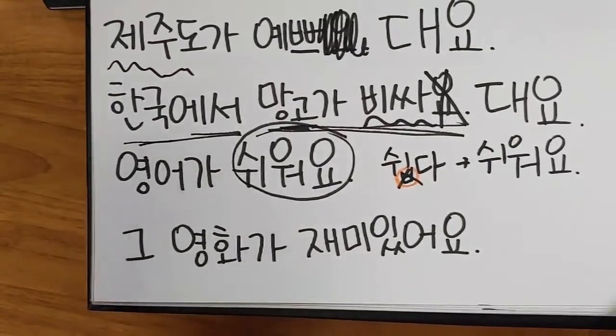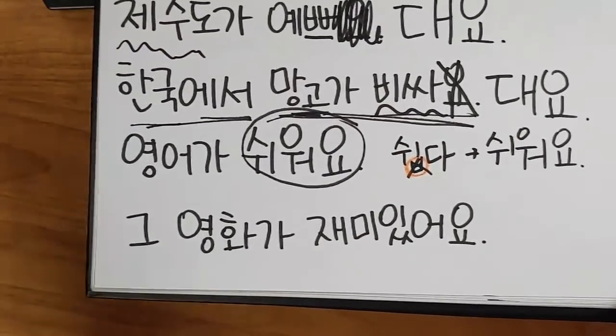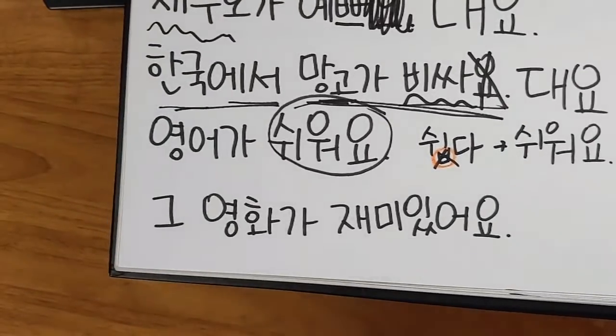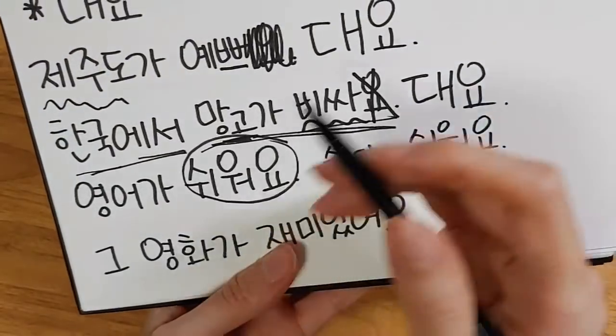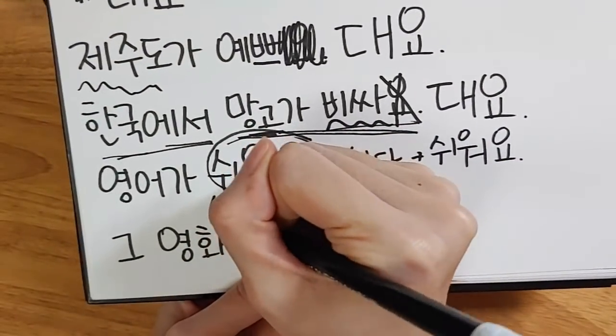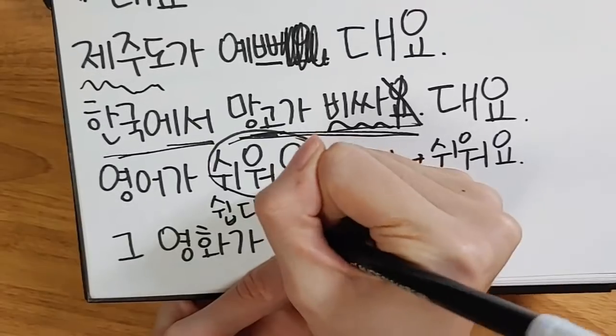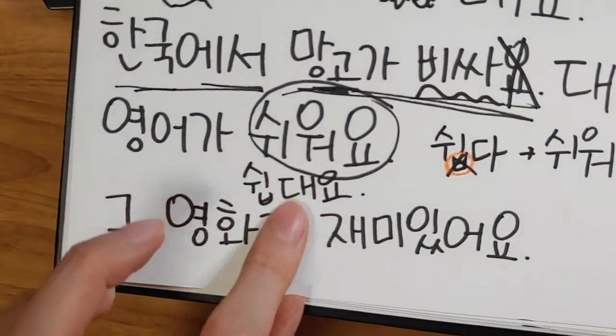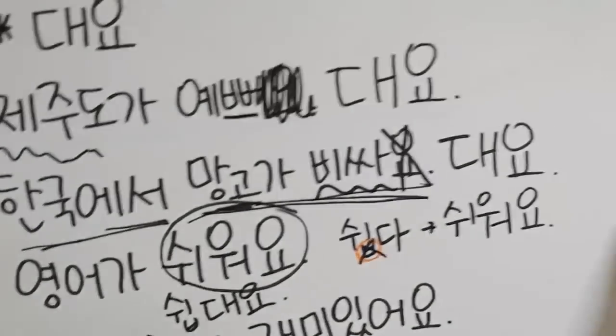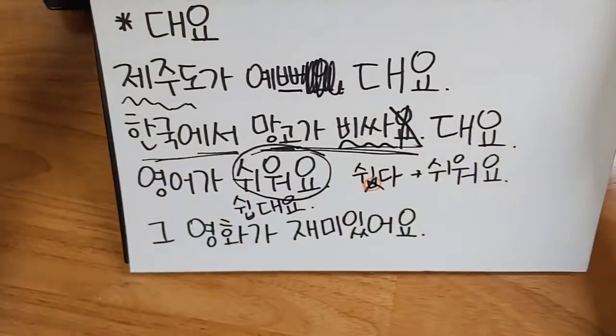But if you want to add, I hear from someone else that English is easy, not what I think but what I heard, you can say 영어가 쉽대요, right? You just take out the stem and put 대요. 영어가 쉽대요. I hear English is easy.